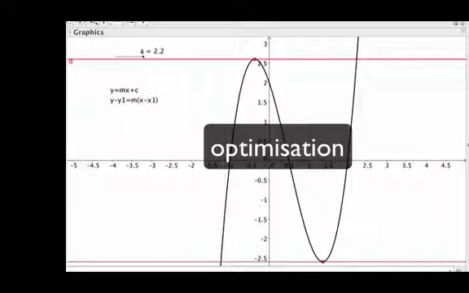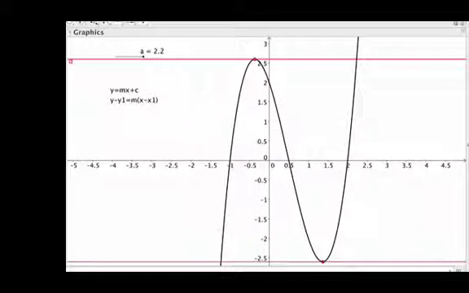Optimization just means finding the optimal value, which means the best value. And that will either be the maximum, if you want more of whatever it is you're graphing, such as profits, or it'll be the minimum if you want less of whatever it is you're graphing, such as costs.